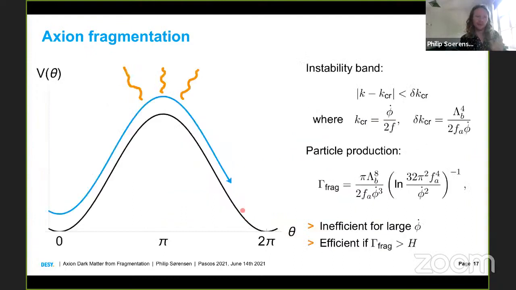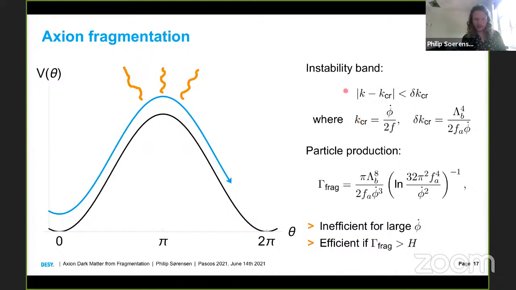So the absolute minimum you need to understand about fragmentation is that as the field passes these barriers, it experiences a periodic instability when it passes these peaks. And this periodic instability really drives the amplification of fluctuations corresponding to some resonant band of frequencies.